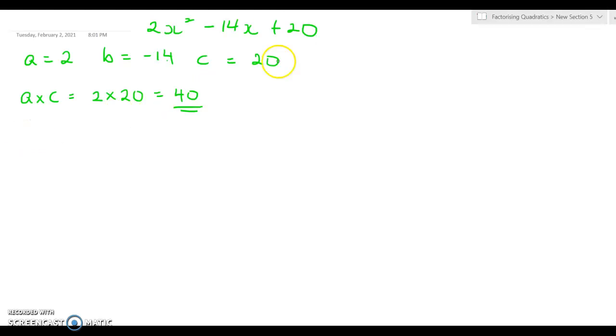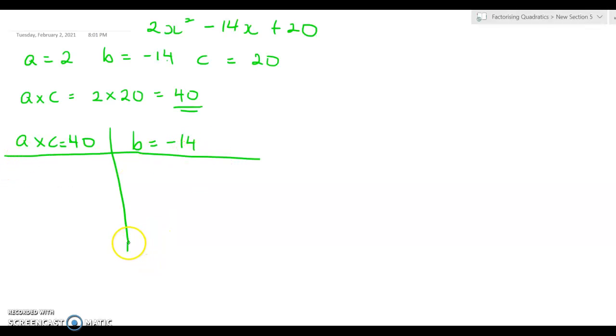Now, remember, we want to choose two numbers so that when we multiply them, we get positive 40, and when we add them, we need to get minus 14. So, a little bit tricky. I forgot to list the factors.